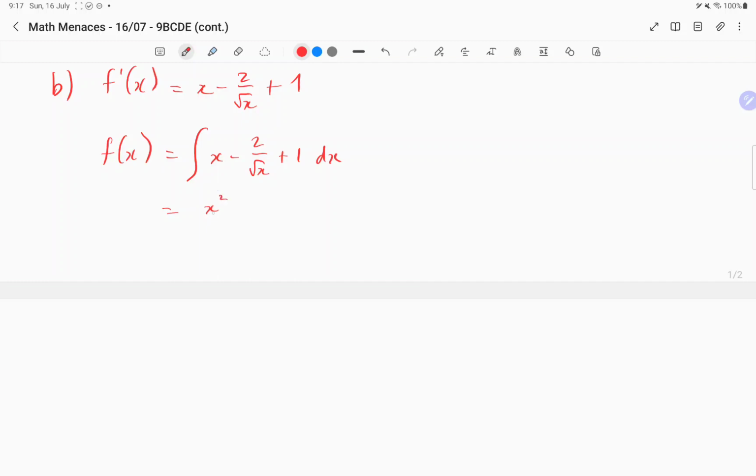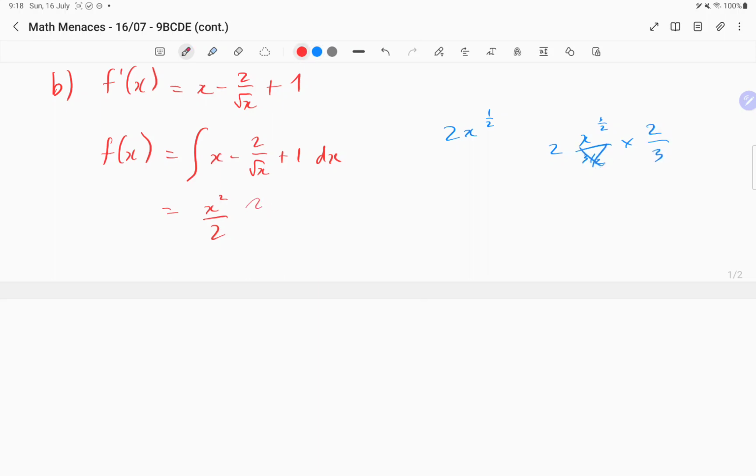So antiderive it, that'll be x squared over 2. And then this one, now to save a bit of time, I will work this one out on the side here. That'll be 2x to the power 1/2, right? So antiderive, you add 1 to the power, which is x to the power 3 on 2, divide by the new power 3 on 2, and then times it by 2. So that means that we'll times it by 2 over 3, right?